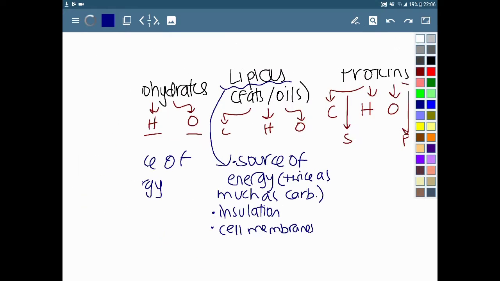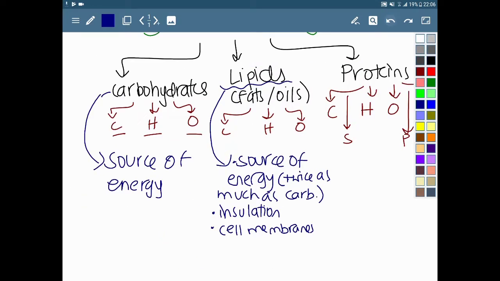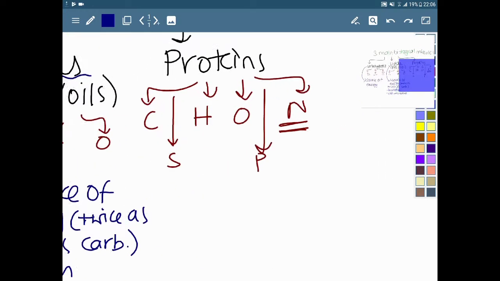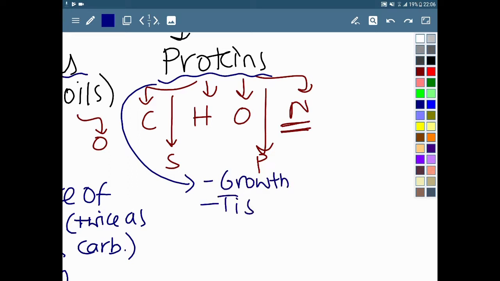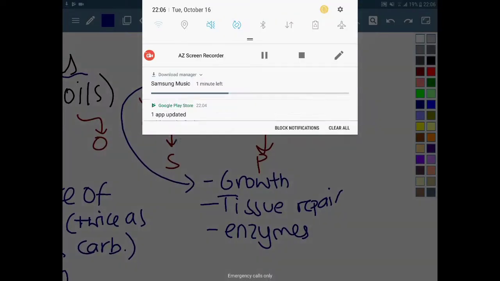Okay. Now, proteins. Proteins, they are for growth, tissue repair, and enzymes. Okay.